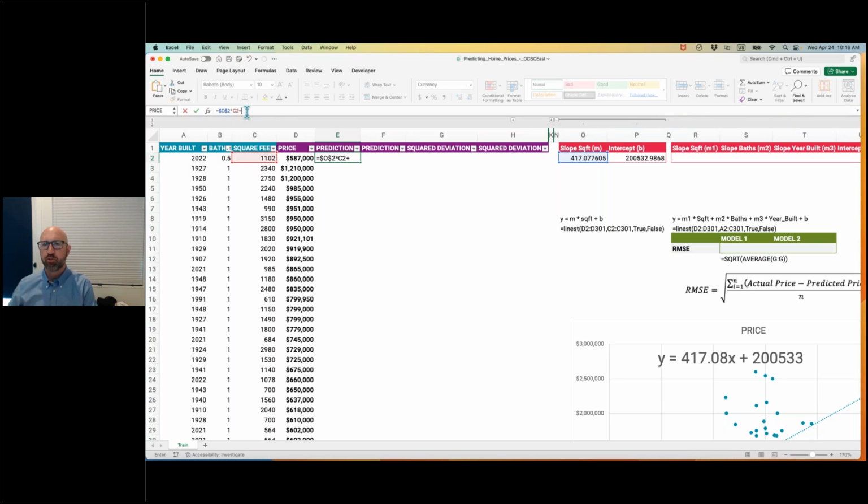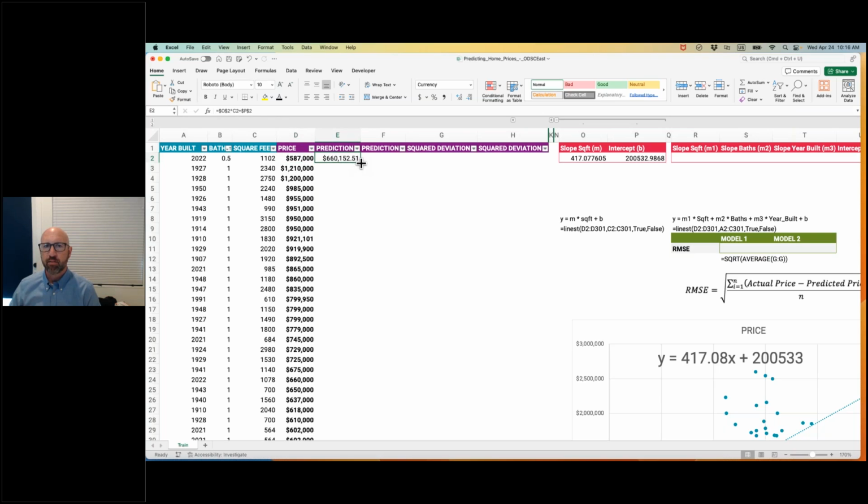And to that, I'm going to add my intercept B, which I'm also going to make an absolute reference by clicking on F4 and adding the dollars. So when I do that, what this is telling me is this property of 1,102 square footage is predicted to sell for $660,000. Clearly, it was not accurate, but it's close enough.